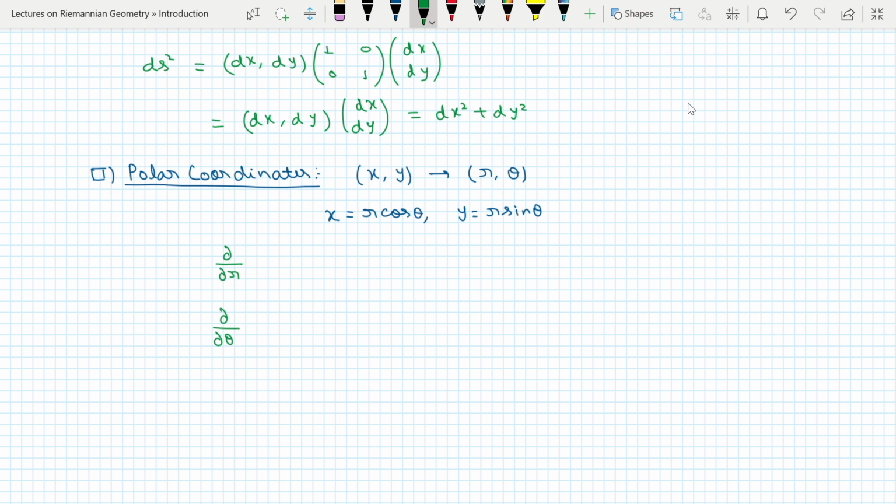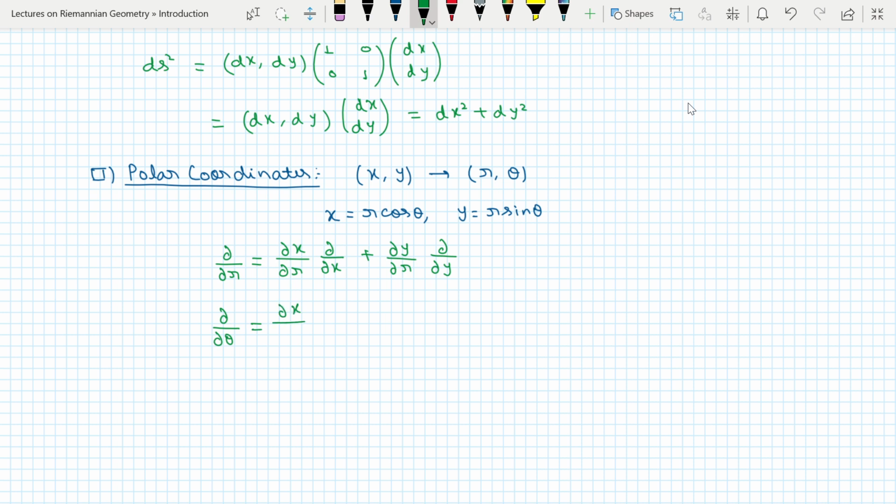How do we find that out? You have x and y, you have your del over del x and del over del y. Well, you can use that. You can apply the chain rule and you can find this del over del r and del over del theta. How do you do that? Well, this is del x over del r into del over del x plus del y over del r into del over del y.